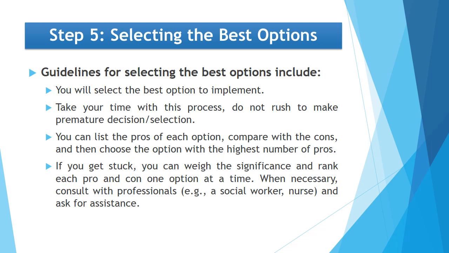If you select that option, you will be able to cope with that particular situation. For example, you can take your time with this process and do not rush to make a premature decision or selection. Do not rush with any catchy idea.